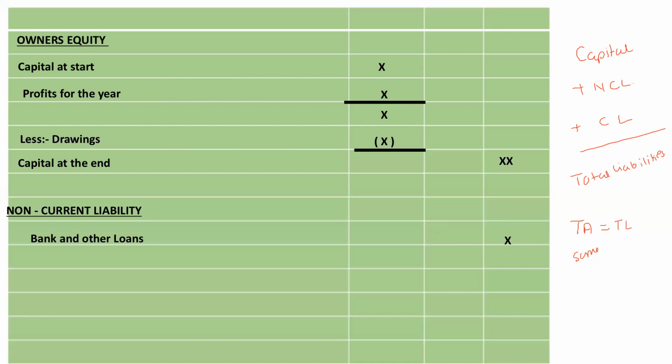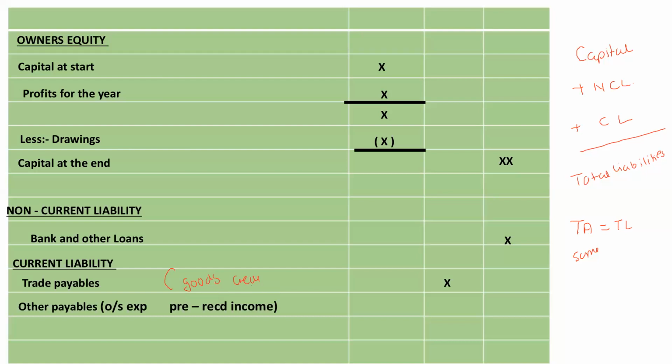Non-current liabilities, and last is your current liabilities. You only have three things that can maximum come in the current liabilities. One is your trade payables. Your trade payables are the people from whom you purchase goods on credit. Bank overdraft, the credit balance of the bank.